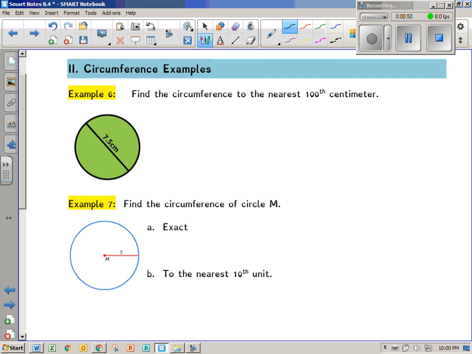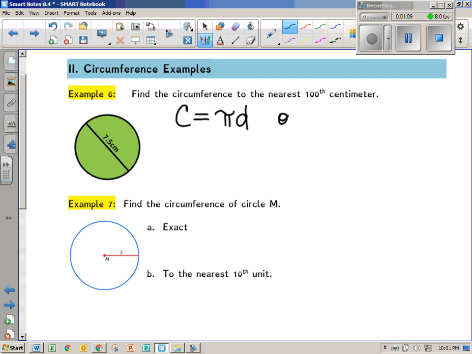That's because we're going to be using an approximation for pi. Capital C for circumference equals pi, which is approximately 3.14, which we learned about on Pi Day, times the diameter, d.